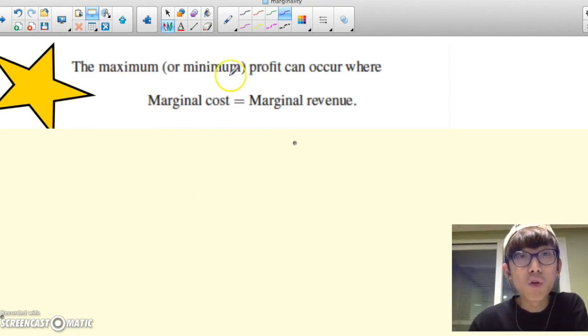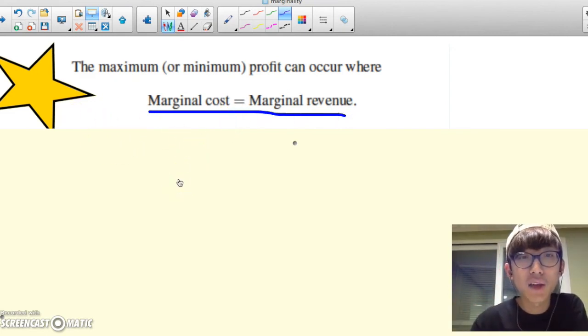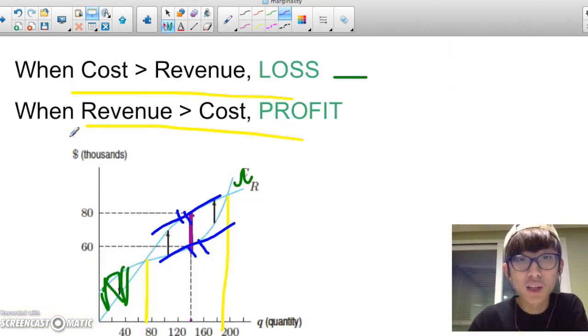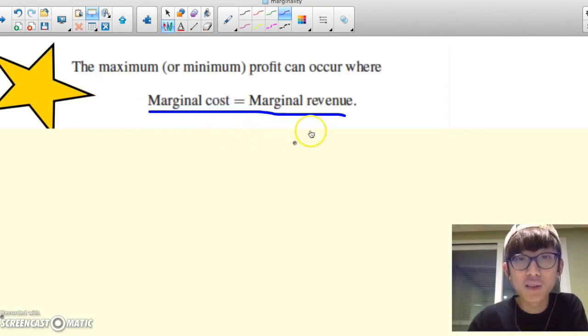The maximum or minimum profit can occur when marginal cost equals marginal revenue, like we've seen before on the graph, when the two slopes of the tangent line are the same. That's why I said before, when we looked at the chart, that when marginal revenue was equal to marginal cost, it was interesting, right?